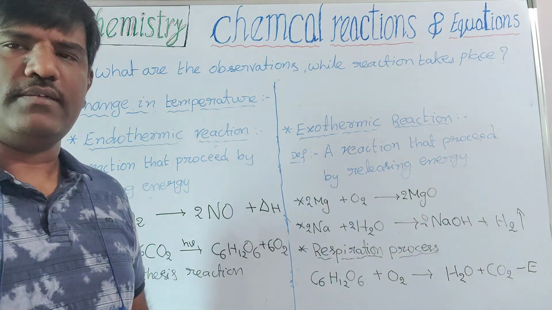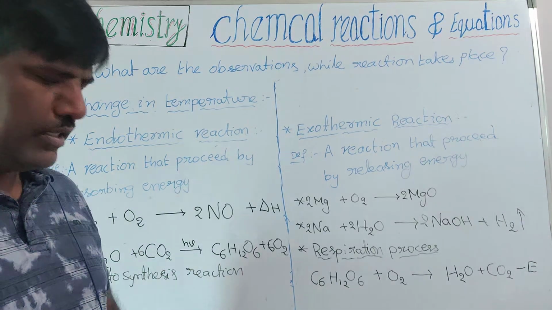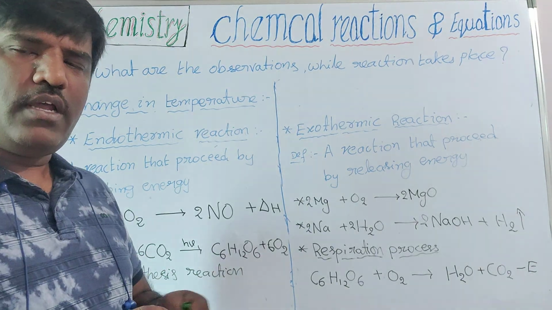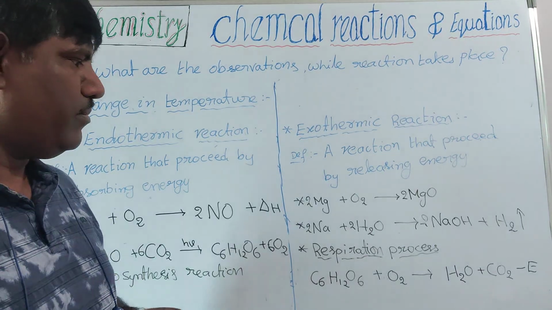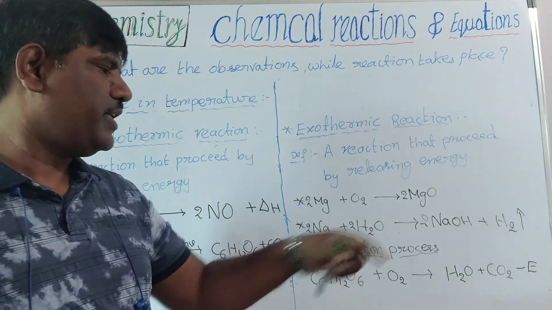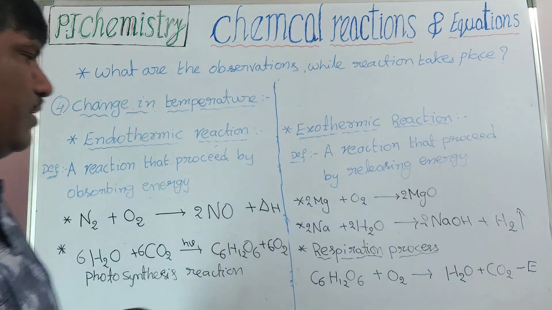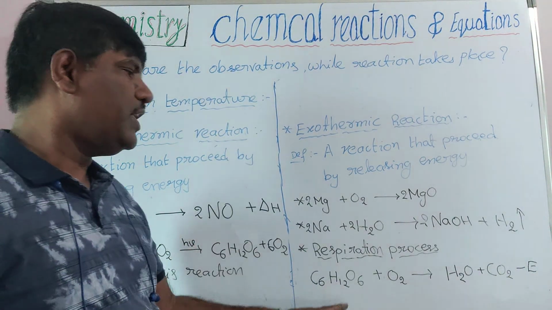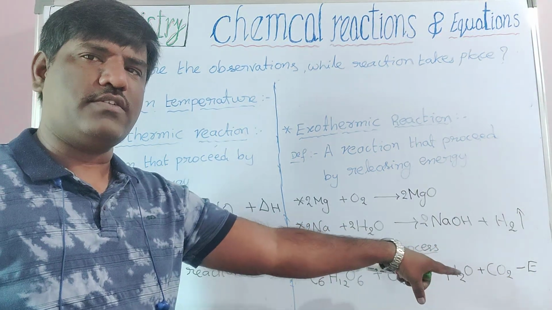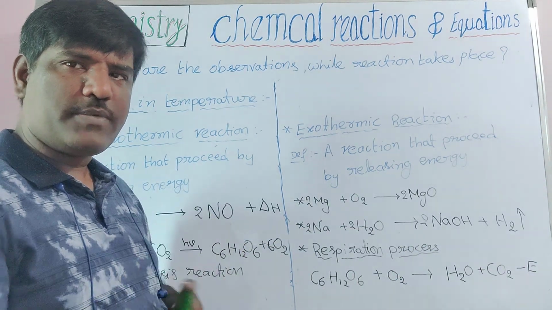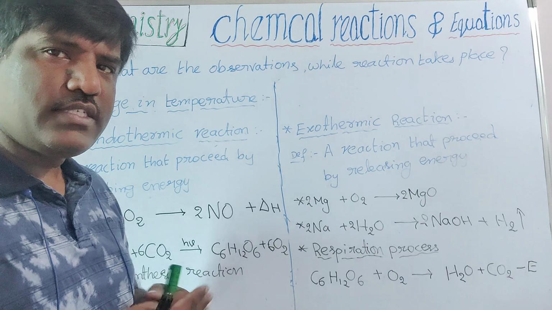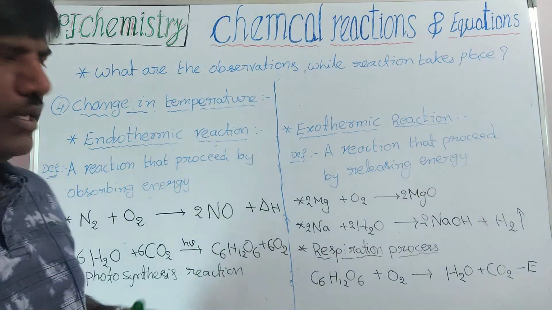That is why, whenever we take food, after some time we feel energetic, because the respiration process is going on. From the reaction, energy is released. That energy we are using to do work. So energy is released, it is an exothermic reaction.